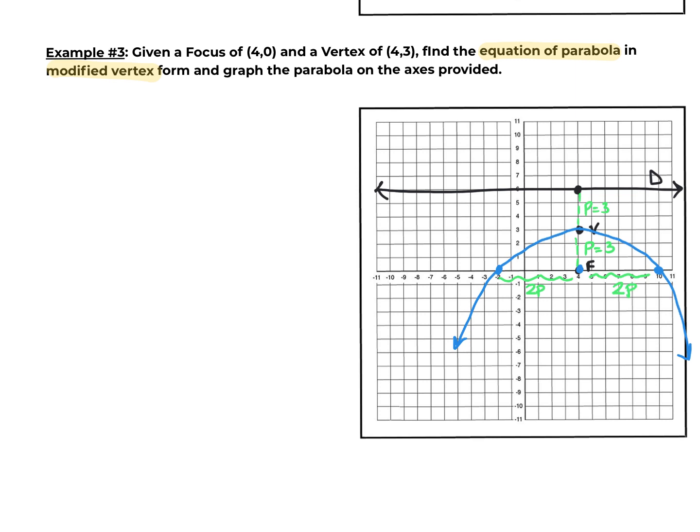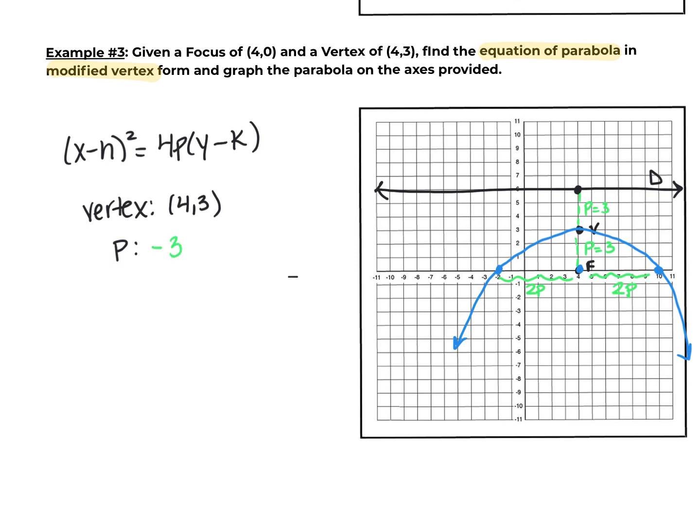So let's make our equation now. We have x minus h squared equals 4p, y minus k. We know that our vertex, given to us in the problem, was 4, 3. And we had to find our p-value. Our p-value we found was 3, but since the parabola is opening down, we're going to label p as a negative 3. And we're going to plug this into our modified vertex form.